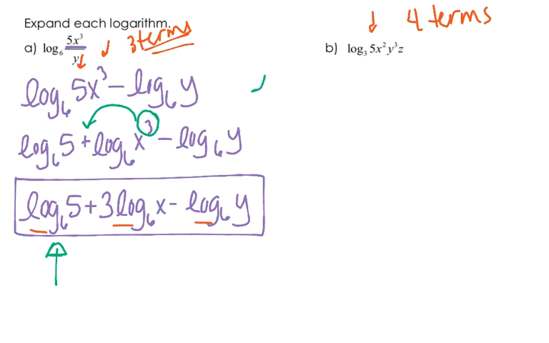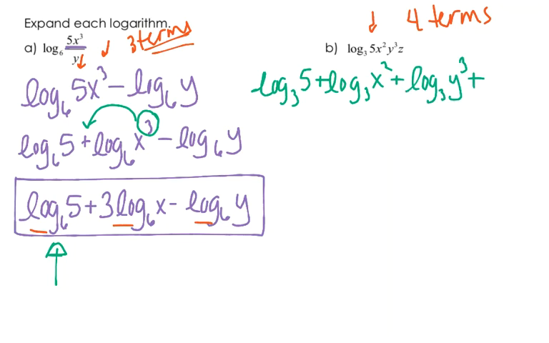So I'm going to start log base 3 of 5 plus log base 3 of x squared. Notice I'm making sure my logs have the same base. Plus log base 3 y cubed. And finally, plus log base 3 of z. Last thing you're going to want to do is move any of the exponents in front of the log.